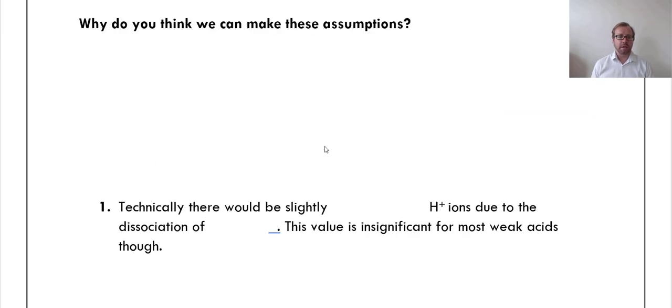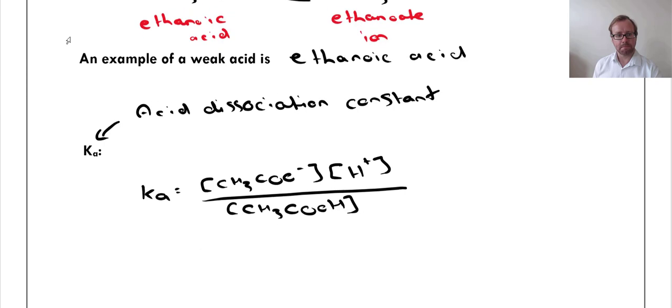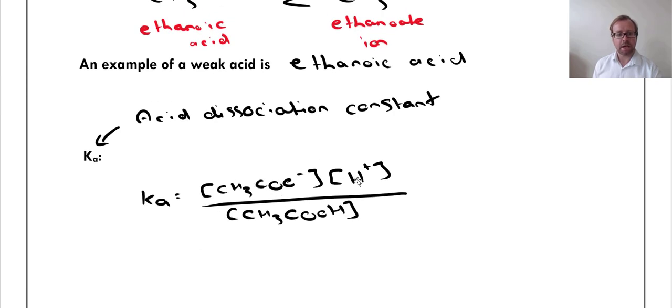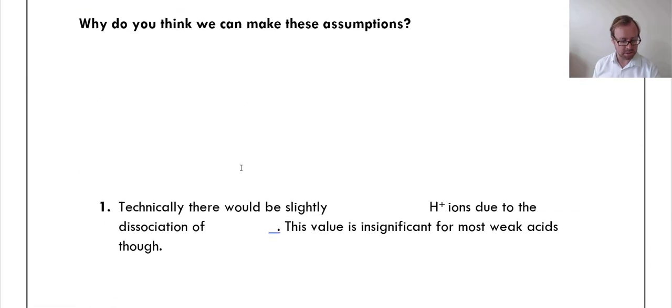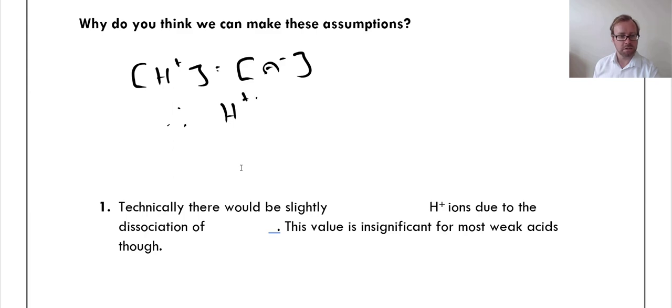Okay, so we've made some assumptions, and we've basically said that my H+ must be equal to my concentration of the ethanoate ion. So my H+ concentration is equal to my concentration of the anion, which gives me H+ squared. The reason for this is that we just make this assumption.